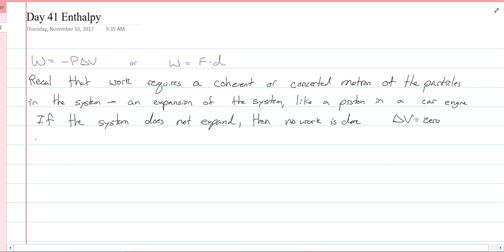Therefore, any change in E, which if you remember is the internal energy of the system, is due only to Q, which is, of course, heat.